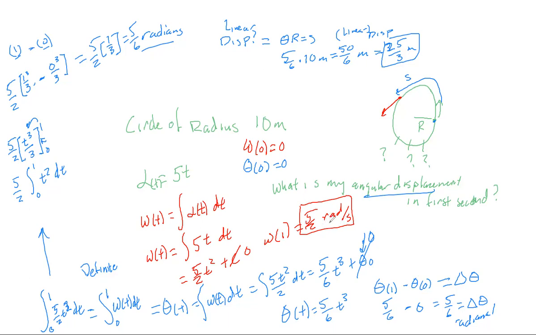I'll plug in my value, and I know that V equals omega R. And so V equals 5 halves radians per second times 10 meters, which is 50 halves meters per second. And so that's just 25 meters per second.